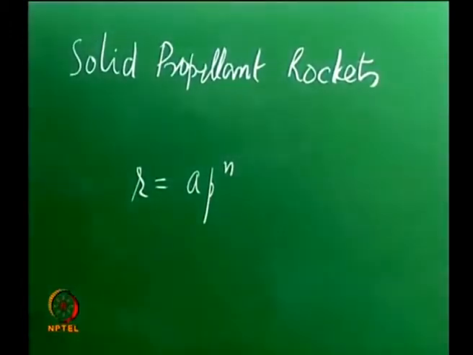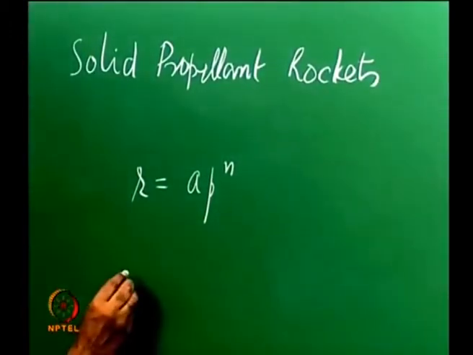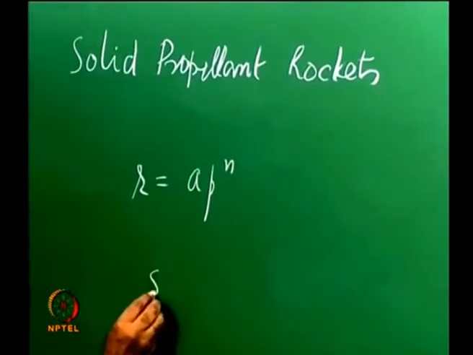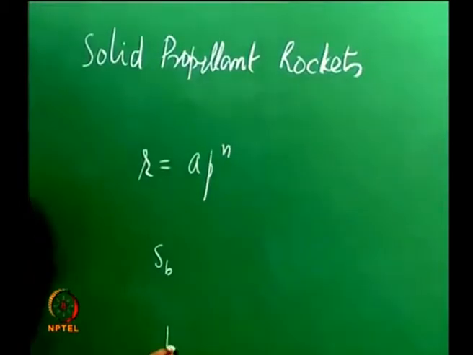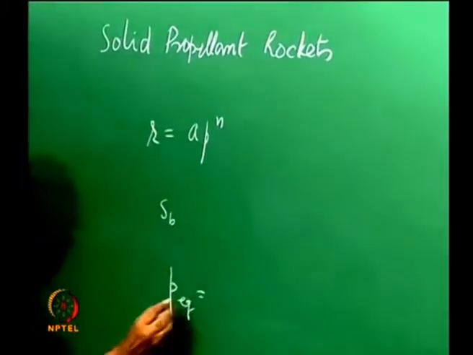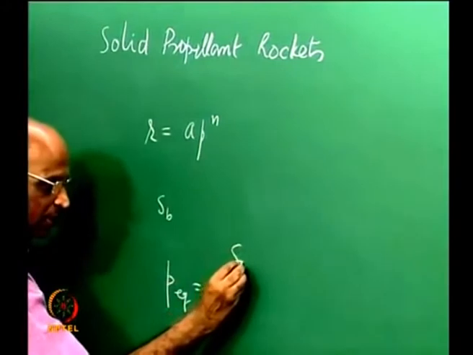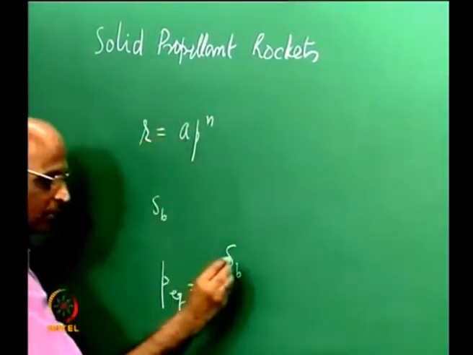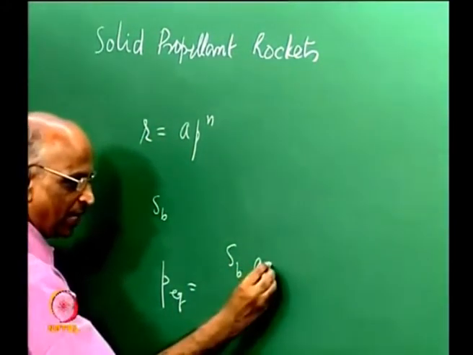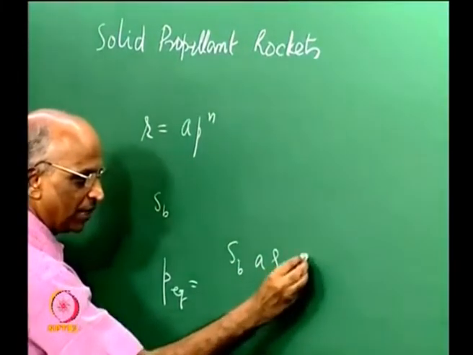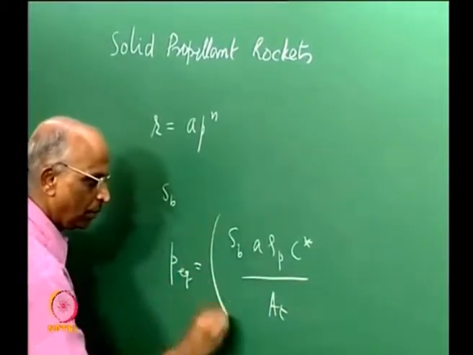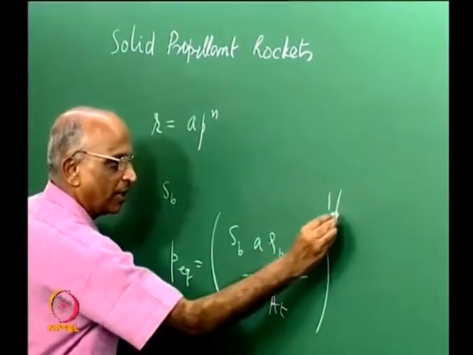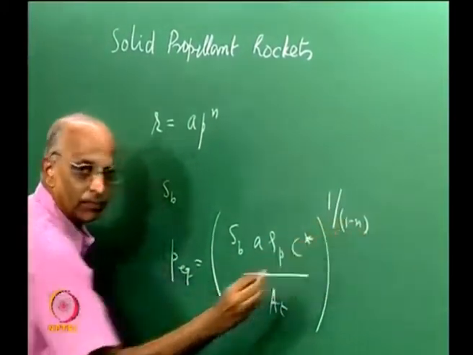We also told ourselves that if I have a rocket in which the burn surface area is Sb, the equilibrium value of pressure I can derive as the burning surface area Sb into a rho p C star divided by At, to the power 1 divided by 1 minus n.